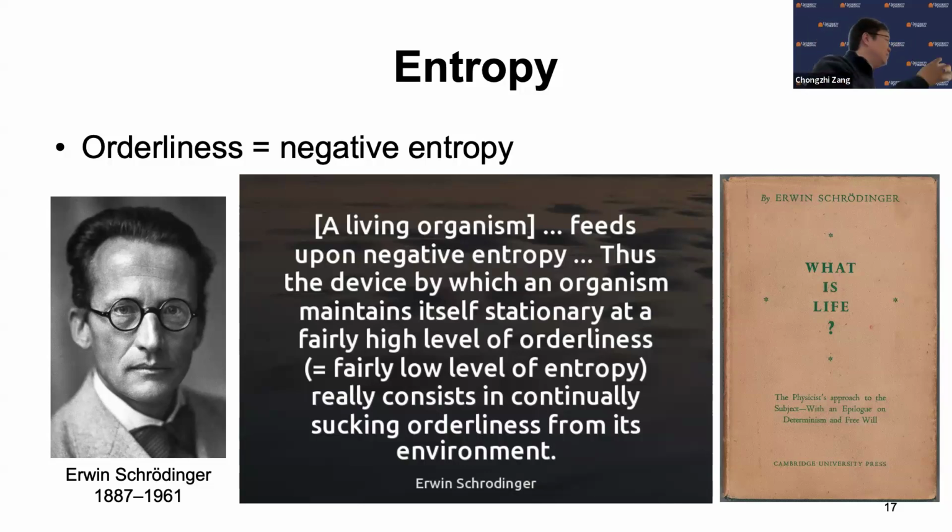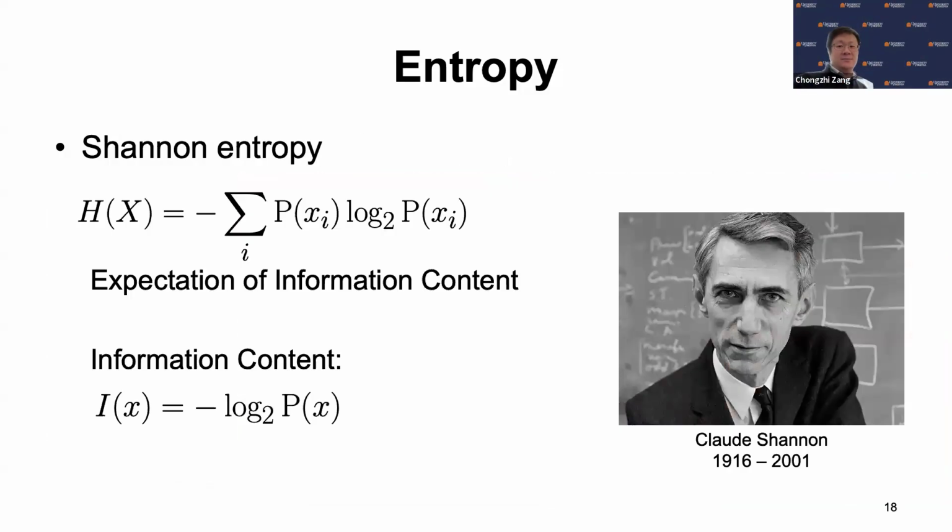So we give them energy, we give them information so that we can create something that has order. So that's negative entropy. That's the concept of life. And everything we're interested in, what we are studying in computational biology, is to study the order, the orderliness, the information carried in the DNA sequence, and in all of the data measured from living or biological systems.